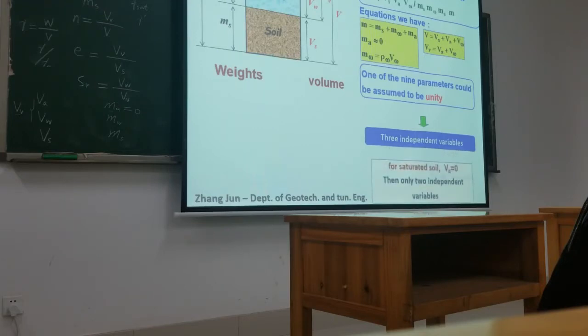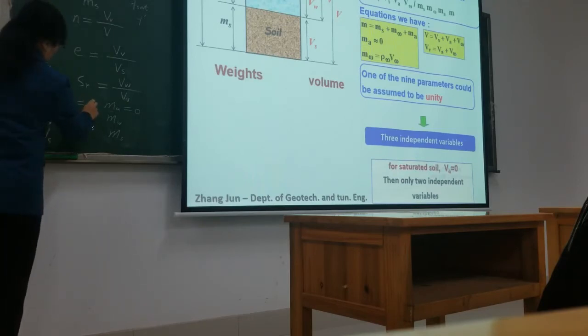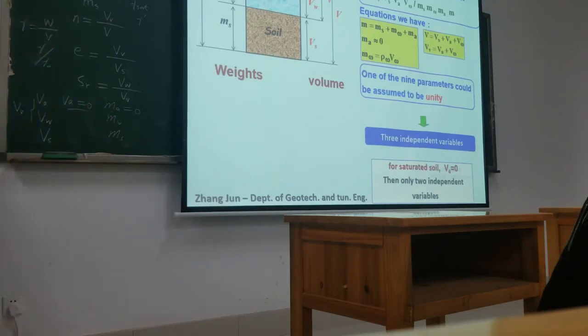And for saturated soils, maybe the Va equal 0, no air. So if we know 2 independent variables, we can get others, okay?